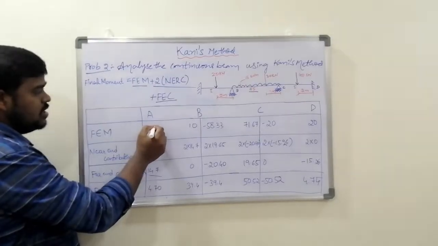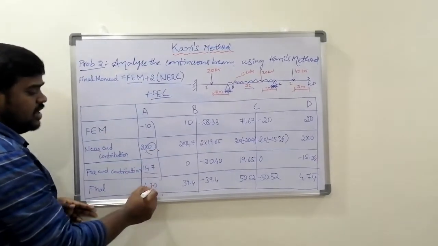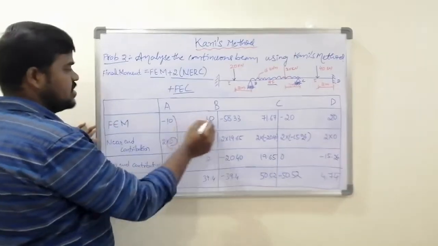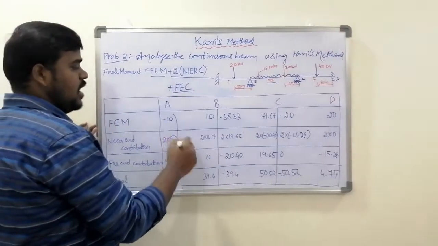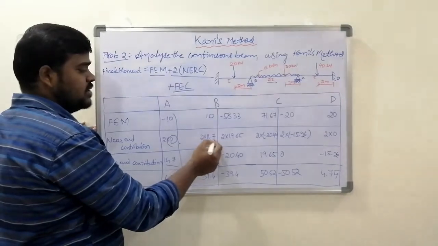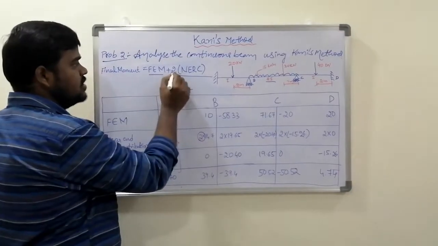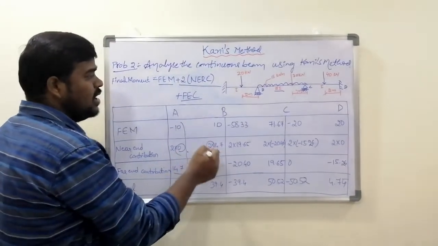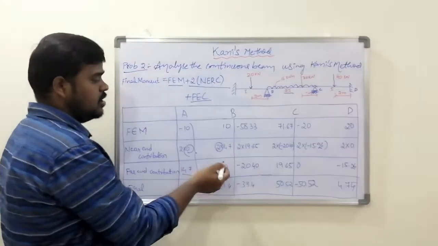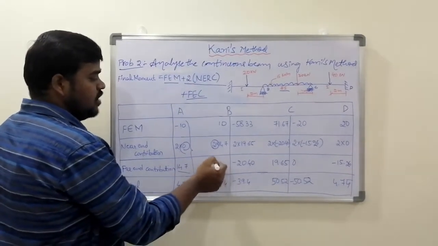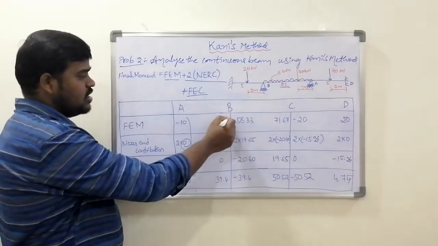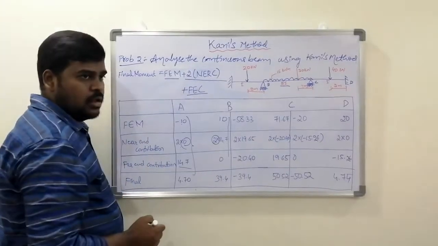If we add all these terms we get 4.70. Similarly for B, the fixed end moment is 10 for BA, and this is 2 into 14.7, we have to do 2 as shown in the formula. 2 into 14.7 is what we just got in the previous step, and we know that there is 0 far end contribution, and if we add these 3 we get 39.4.